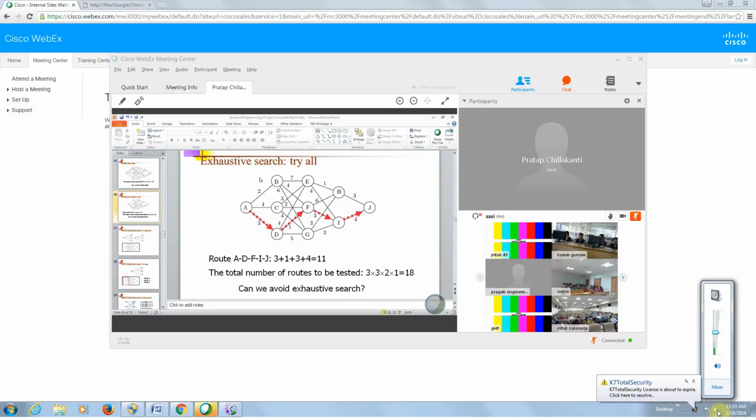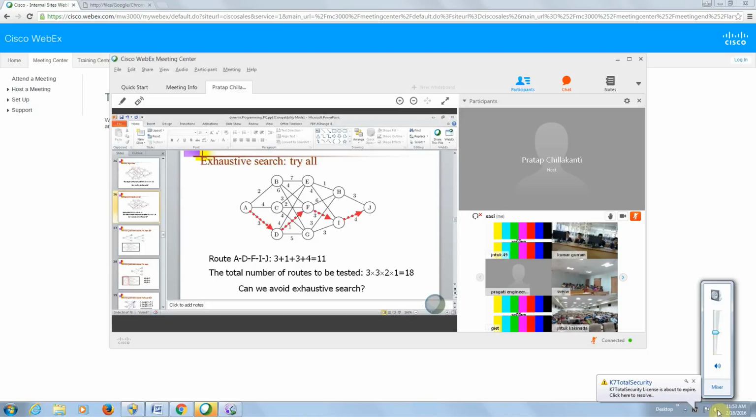EFG is another one, that is 3. How you got those 3, you can see that I'm explaining, right? H and I is 2 choices and destination 1 choice. So, exhaustive ways of doing it. Small problem, not a big deal. 18, right? But too many nodes cannot do it. It becomes an exponential problem.